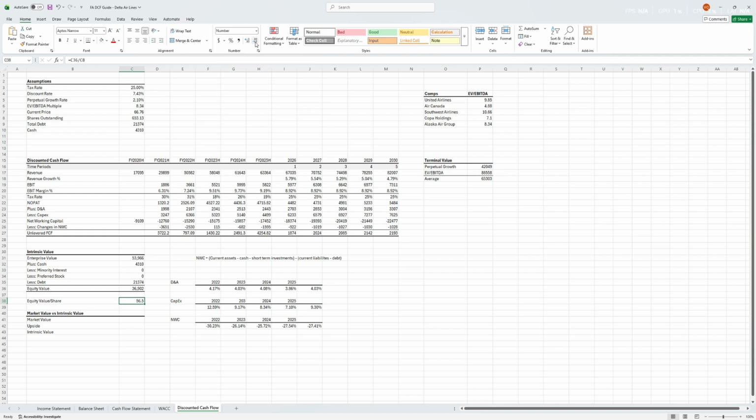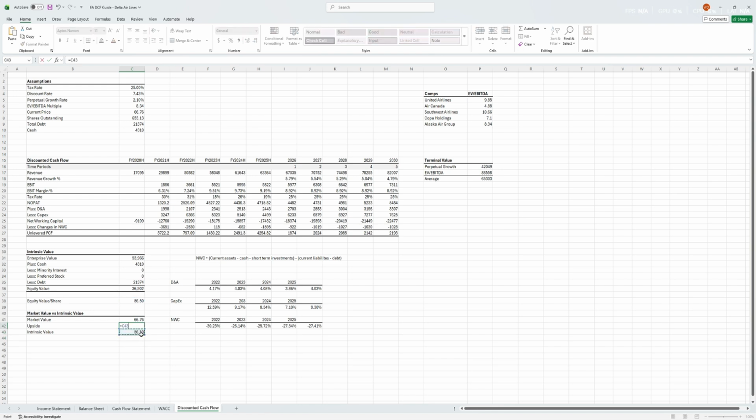So what does this mean? This means that in my discounted cash flow I calculated, I'll put this as intrinsic value right here. And remember, our market value is the current share price. In our discounted cash flow, our intrinsic value, which, let me go back a little bit, right here.